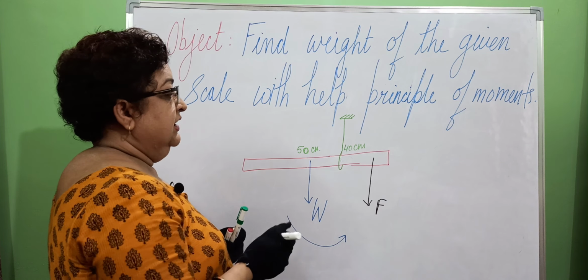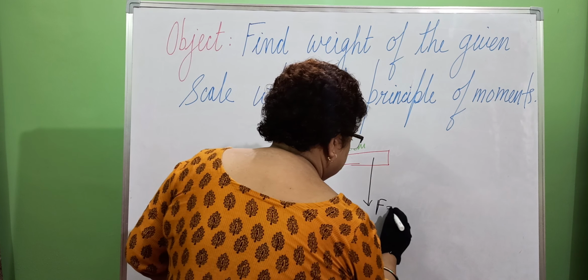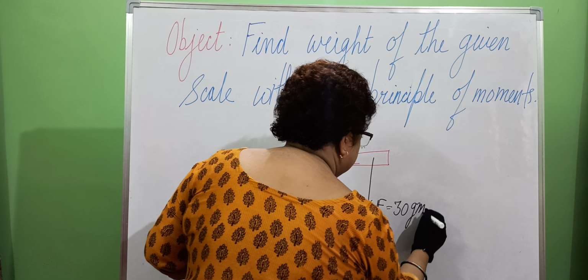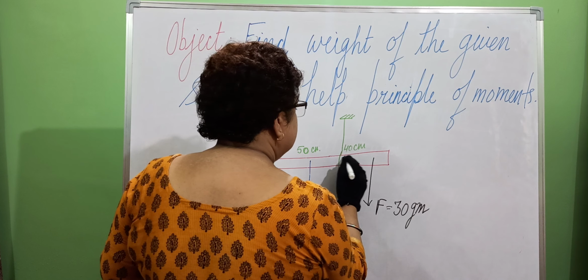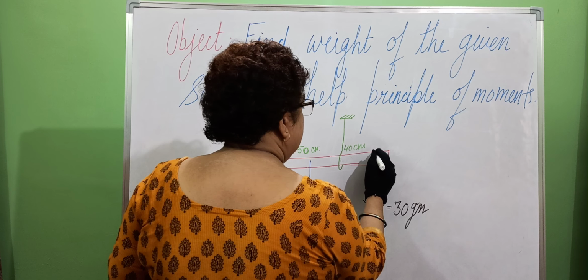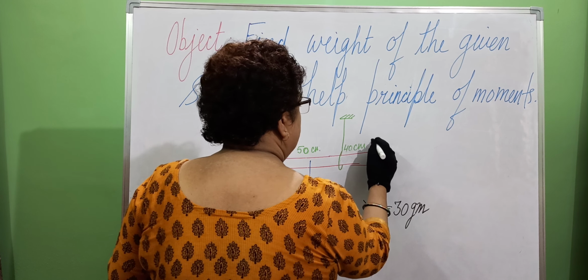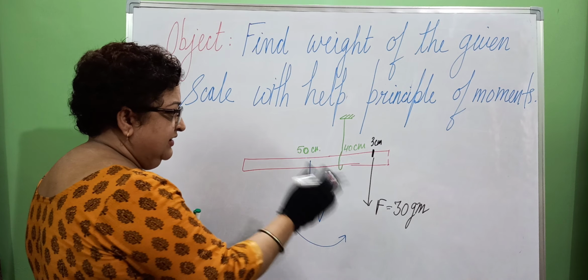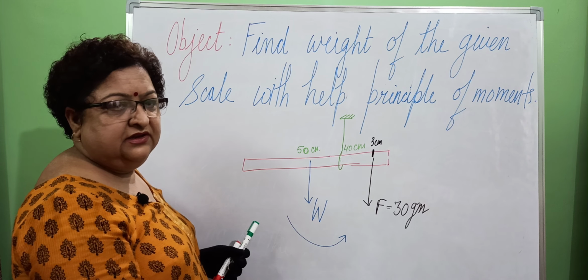What amount of weight did we suspend? 30 grams, right? And at what distance did we suspend it? Actually, I placed it at the 3 centimeter mark. And when I placed 30 gram at the 3 centimeter mark, the scale was balanced.